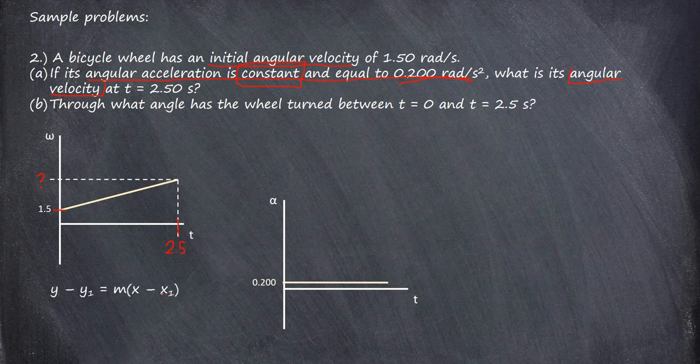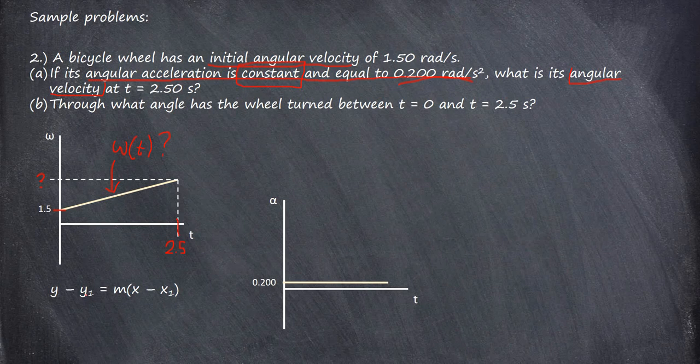Now, my goal right now is to come up with a function, an equation for omega as a function of time. How do we define this line as a function of time? Well, we can use this equation y minus y1 equals m times x minus x1 to create a linear function, omega of t.